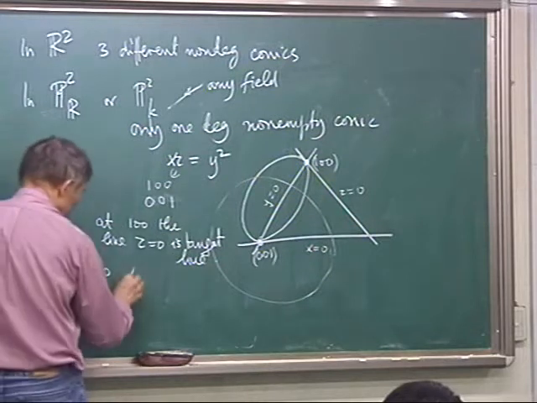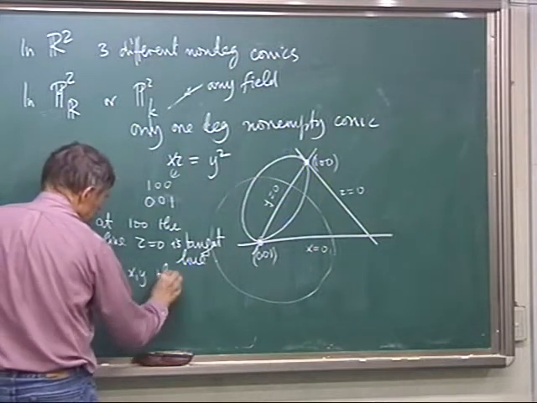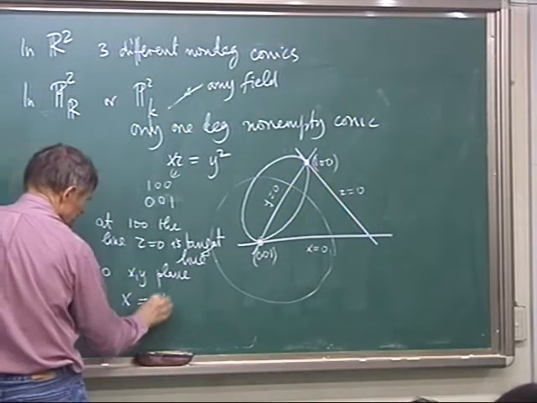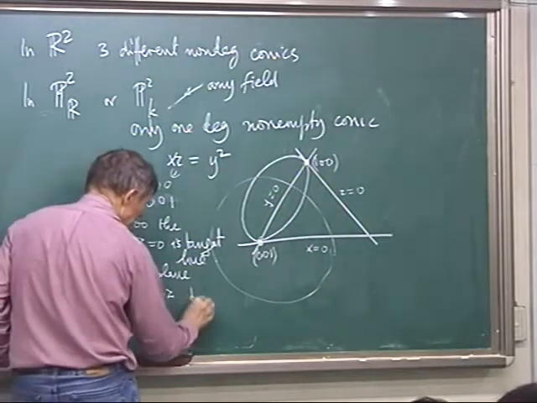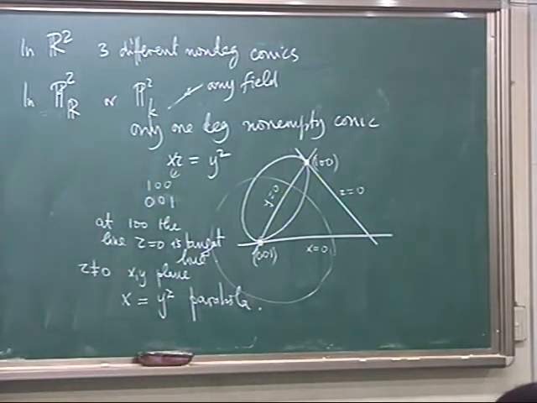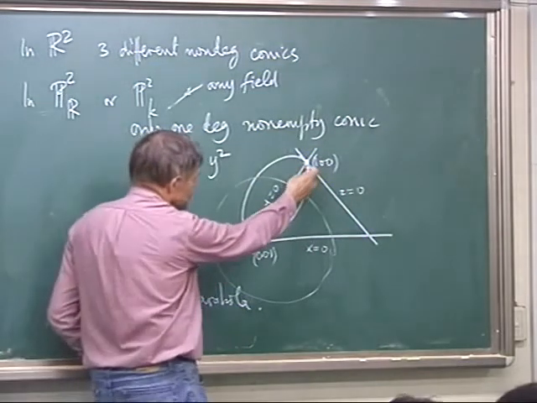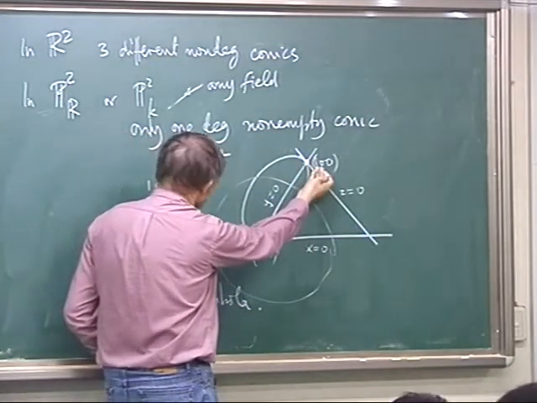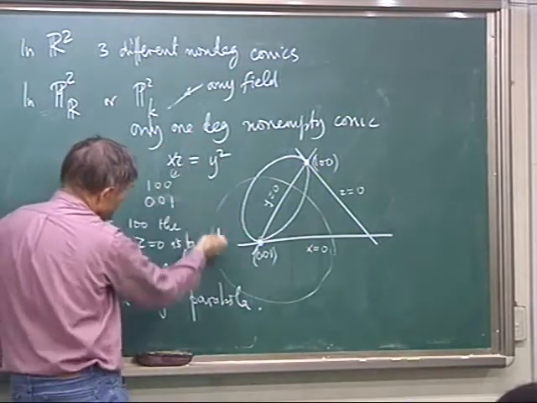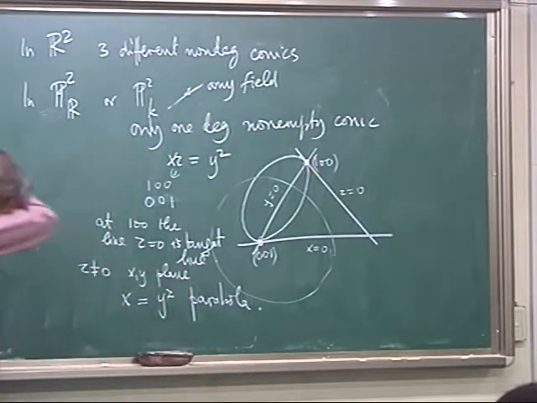Then I have the xy plane and the curve x equals y squared. So this is a parabola. If I did the same at the other point, where x is not equal to 0, I can set x equals 1, and then I get a different parabola, z equals y squared.